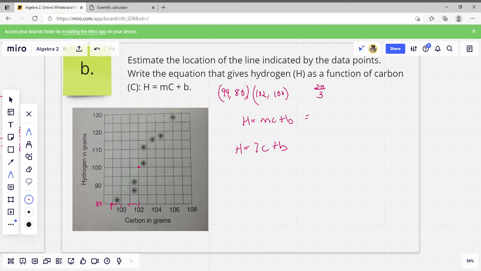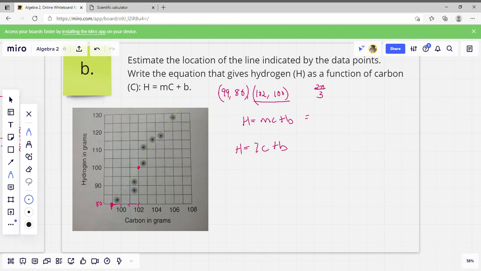Okay, now my H is going to be, I'm going to use this one. My hydrogen value for this one is, let's go with this point right here. My hydrogen value is 100. Actually, let's try this one. It didn't work last time.